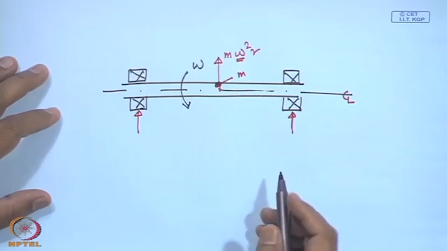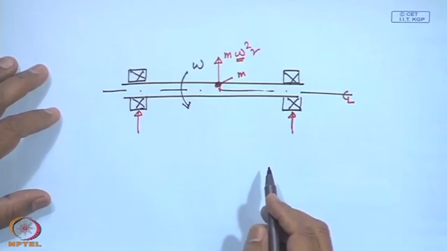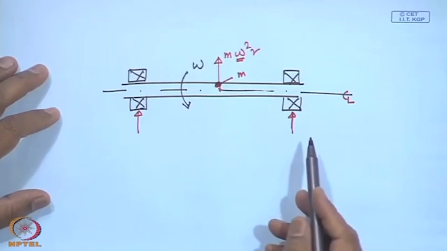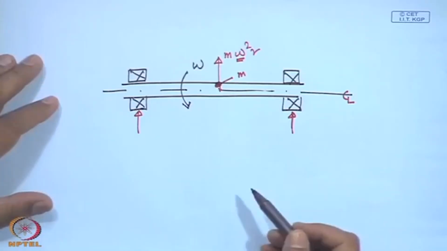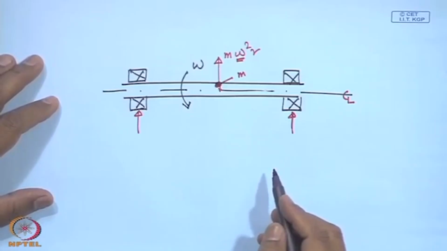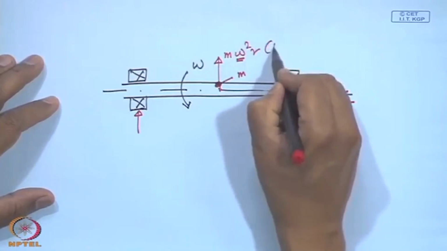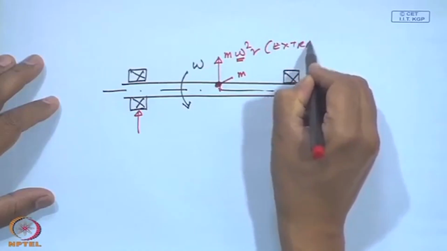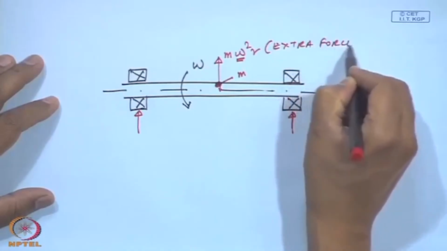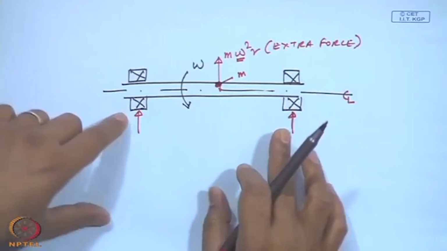When a designer selects a bearing, they know the radial loads coming to that bearing, and then they design and select the bearings. But on top of it, if I have this extra force, they are going to add to it.